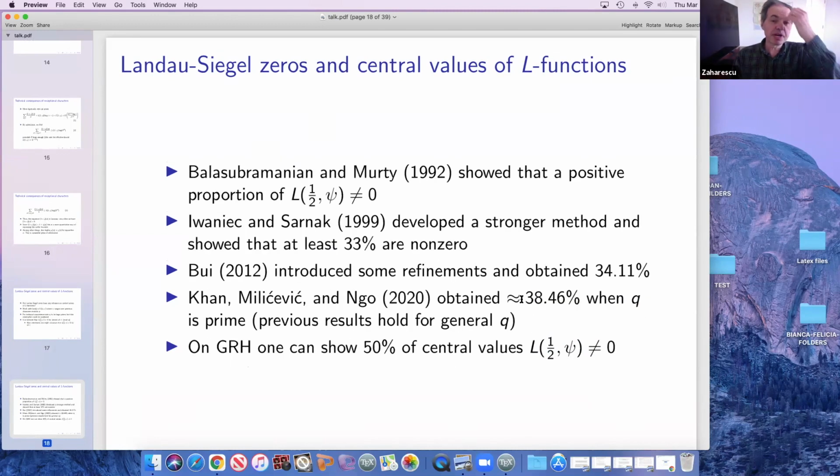Now, Balasubramanian and Murty in 1992 showed that a positive proportion of these L(1/2, psi) are non-zero. Iwaniec and Sarnak, 1999, developed a stronger method and showed that at least one third of these Dirichlet L functions are non-zero at the central point, and this is an unconditional result.